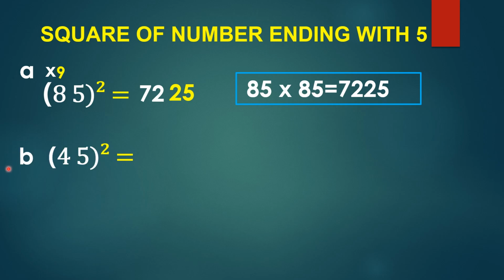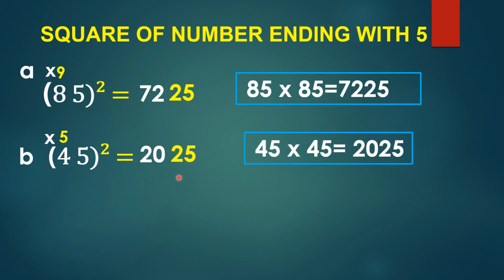Next one, 45 square. Other than 5, start with that number 4. What comes after 4? 5. 4 5s are 20. And last, 5 5s are 25. The last two digits will always be 25. 45 square is 2025. Next one, 95 square. So other than 5 is 9. What comes after 9?